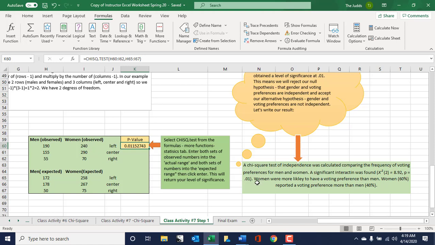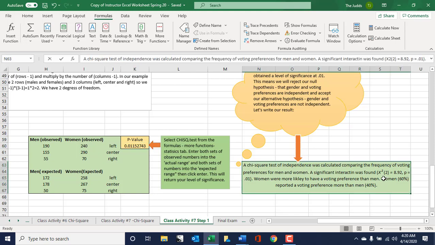Our p-value was 0.01. Then we're just going to make the statement. Women were more likely to have a voting preference than men.